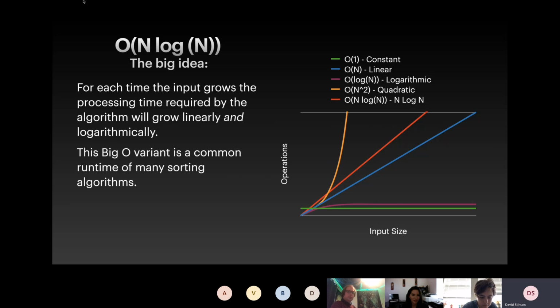For each time the input grows, the processing time required by the algorithm grows linearly and logarithmically. This is the orange line on this graph.